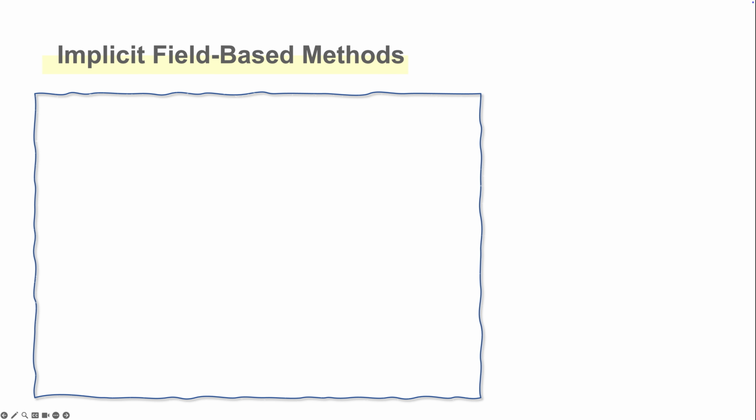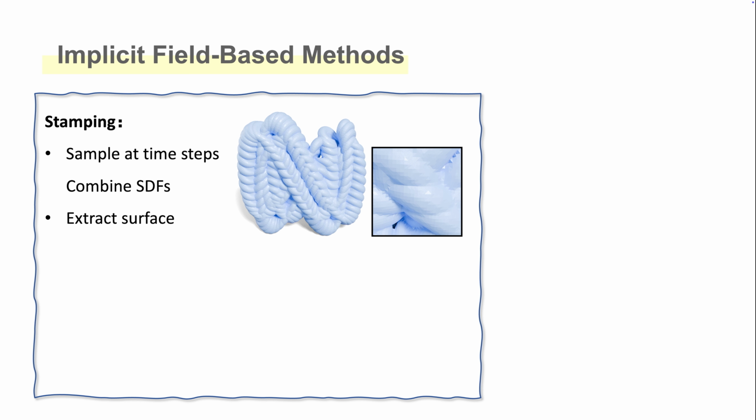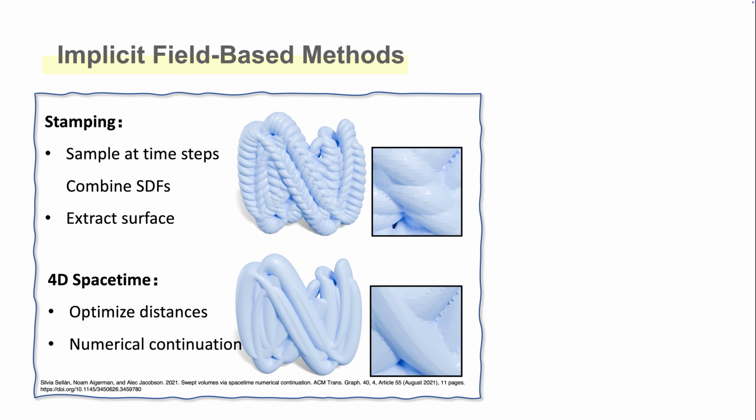Implicit methods use distance fields instead of explicit meshes. The stamping approach samples the object at discrete time steps, computes a signed distance field at each sample, combines them by taking the minimum value, and extracts the final surface. More recent 4D spacetime methods formulate the problem as an optimization, computing distance values throughout spacetime using numerical continuation.